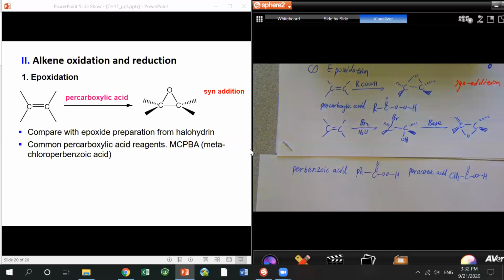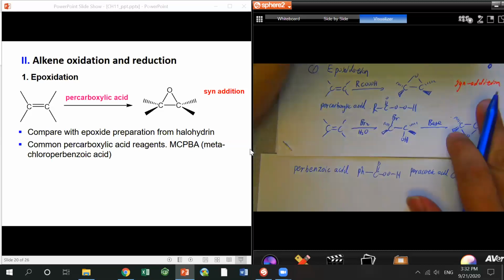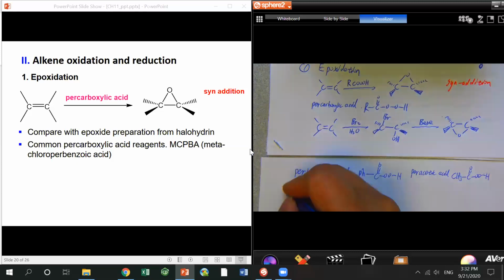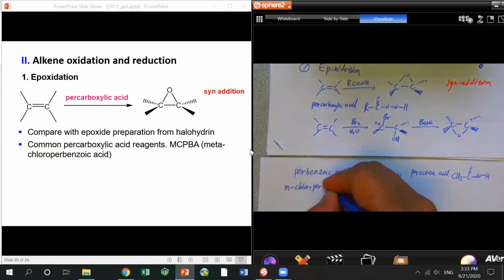And the last one, also the most important reagent for epoxidation, is mCPBA. The full name is meta-chloroperbenzoic acid. How do you spell the second one that you wrote?